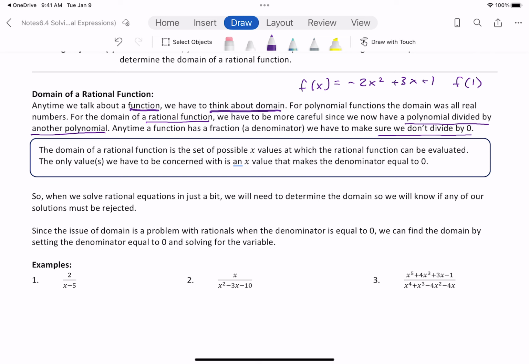So the domain of a rational function is the set of all possible x values at which the rational function can be evaluated. And the only real value or values that we have to be concerned with is an x value that would make the denominator equal to 0.